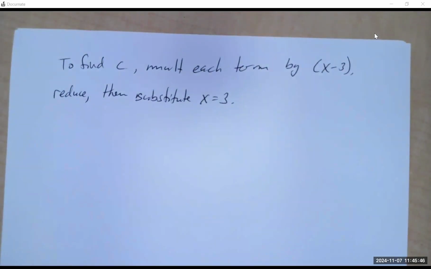So to find C, what do we do? Multiply each term by what? x minus 3.